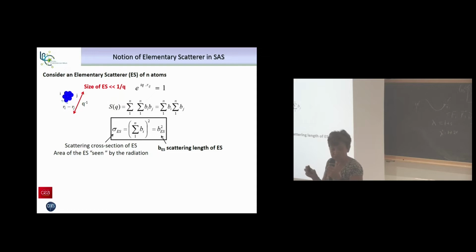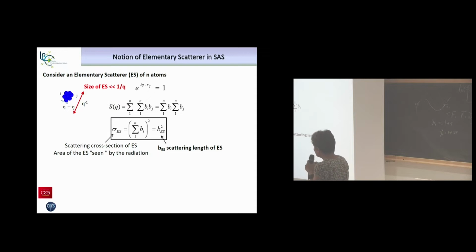For example, it could be an H2O molecule or a monomer. Since the size of this elementary scatterer is much smaller than the inverse of Q, it means that the exponential of i Q dot R is equal to 1.